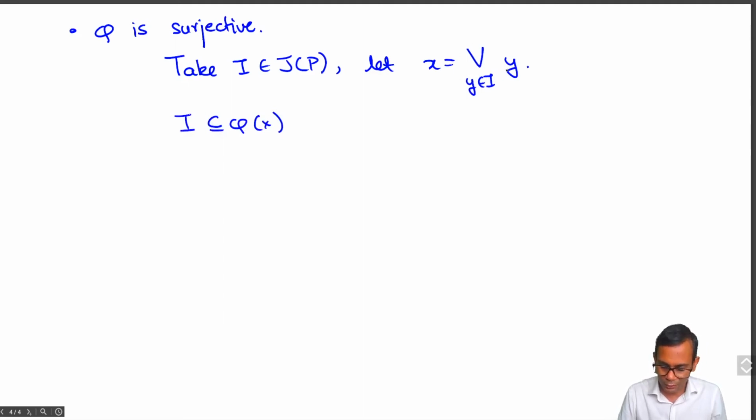So x is greater than or equal to y. So y is in phi x.